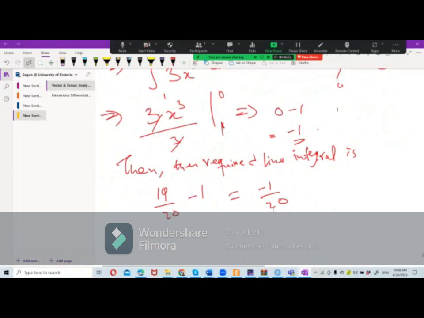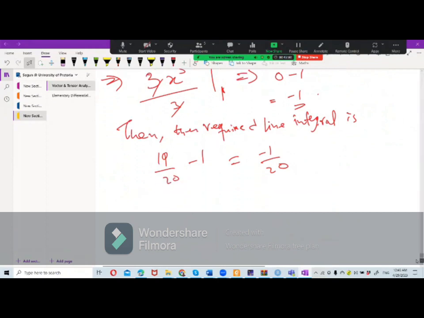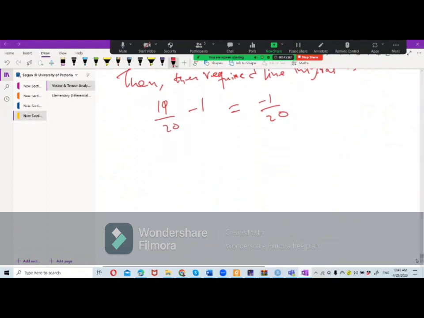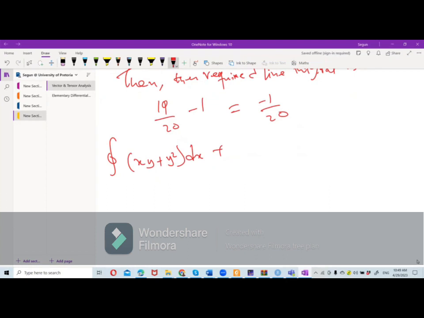So therefore, the integral of xy plus y squared dx plus x squared dy is equal to -1/20.